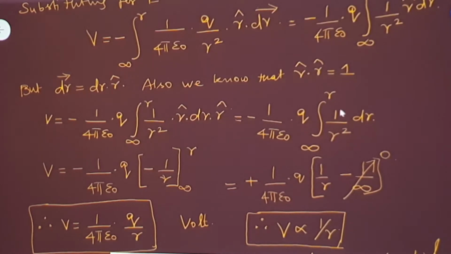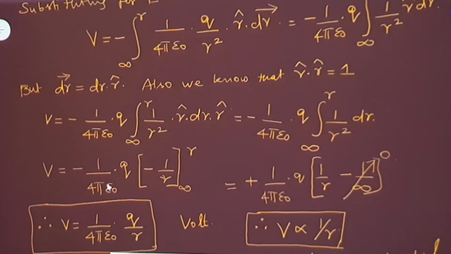I think you know integration. When you take this to the numerator, r power minus 2, when you integrate, you get r power minus 1 by minus 1. So the potential V is equal to minus 1 by 4 pi epsilon 0 into q. When this 1 by r square is integrated, I get minus 1 by r within the limit infinity to r.